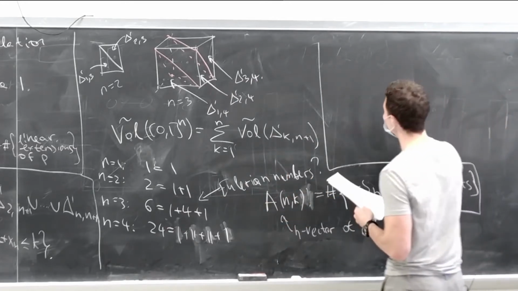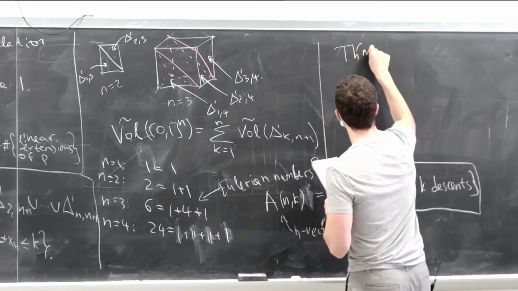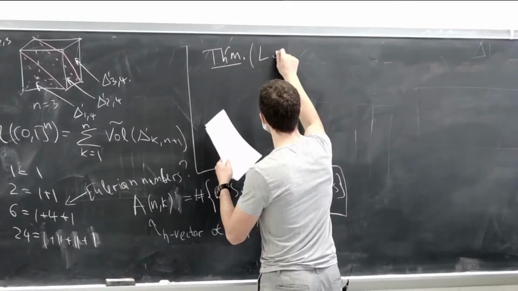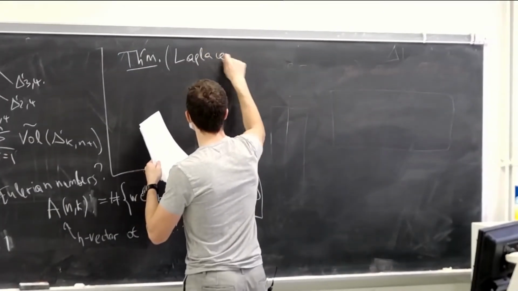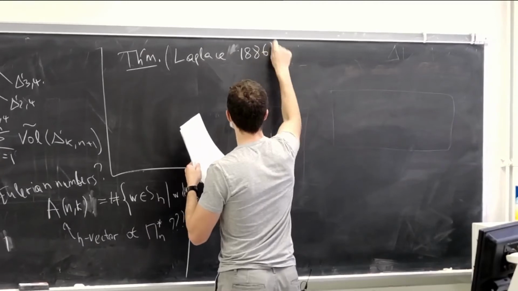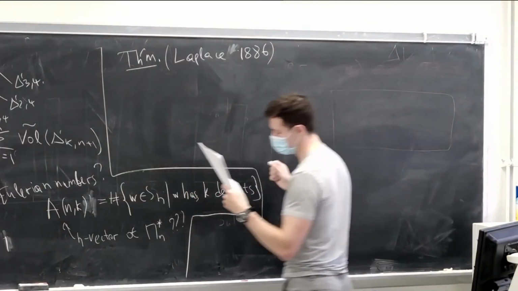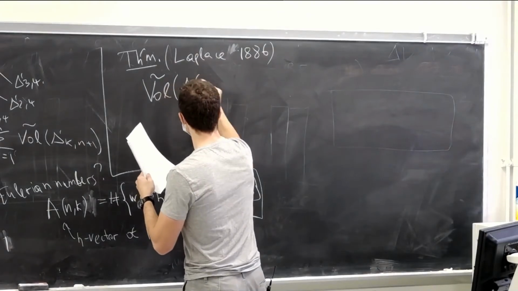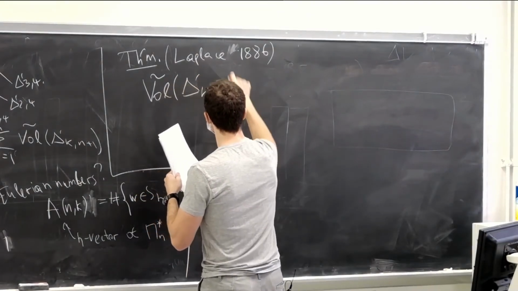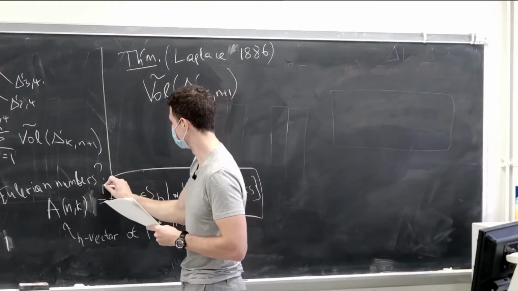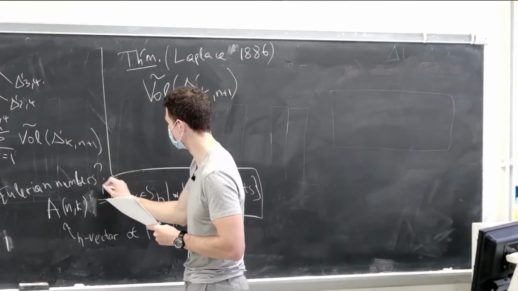But it's true. So that's a theorem which is due to, apparently, Laplace in 1886. The theorem is that the normalized volume of delta prime k comma n plus 1 is, so remember, Eulerian numbers were invented in, I think, 1755 or something like this.